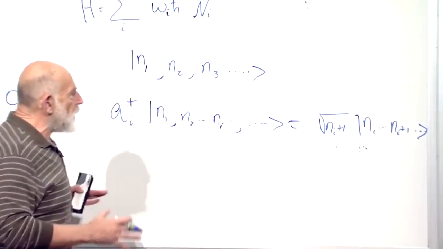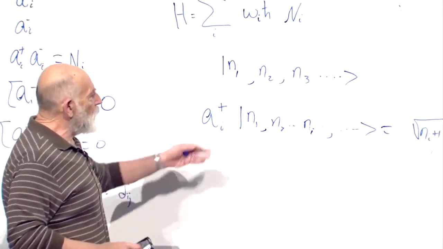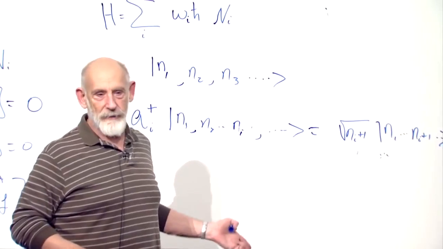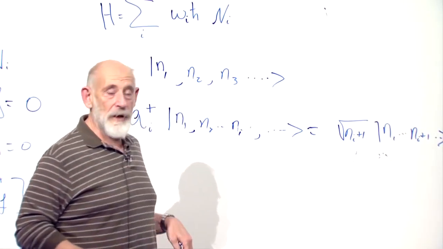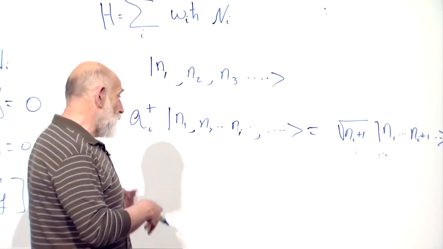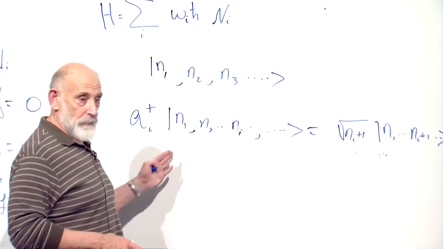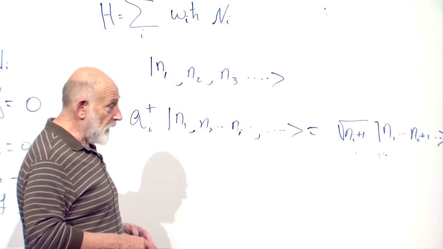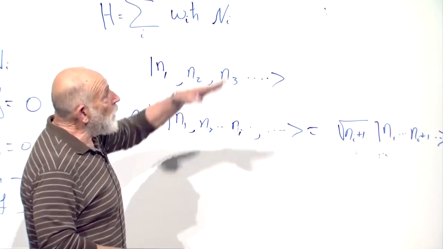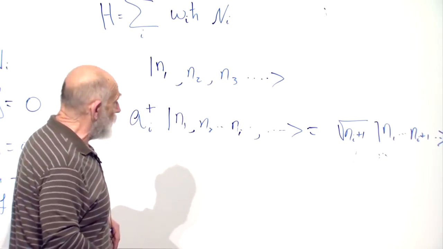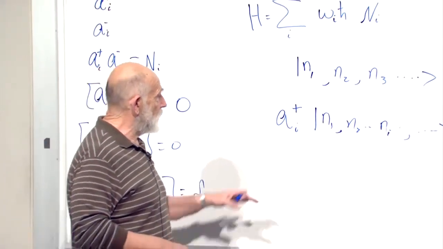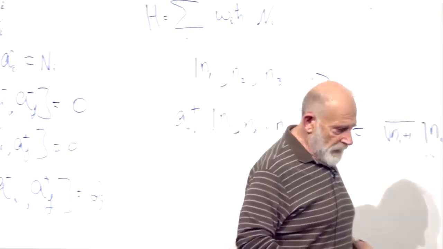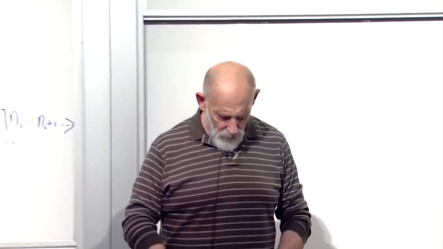So it works exactly the same as a single oscillator, with all the other ones just being bystanders, which play no role when you hit it with the ith oscillator. If you hit it with the jth oscillator, some other occupation number would get increased. Likewise for the lowering operators or the annihilation operators, same kind of understanding. So as I said, that's what we need to know about oscillators.